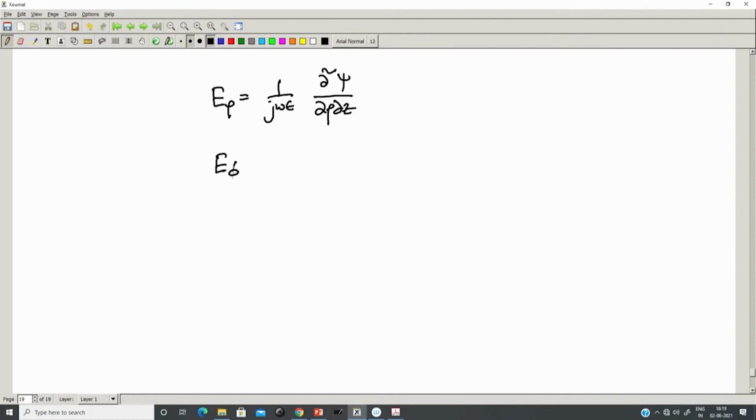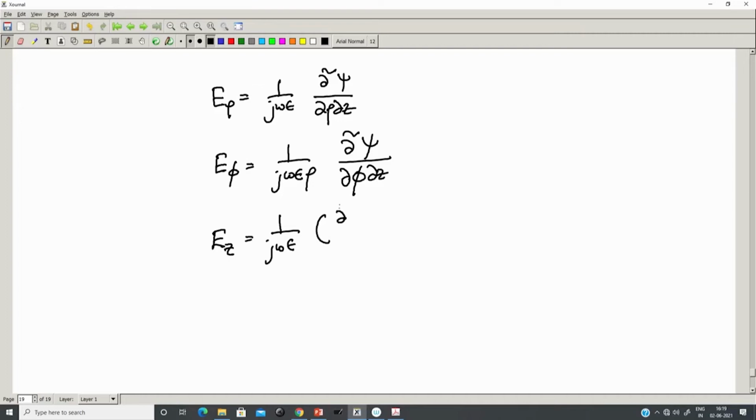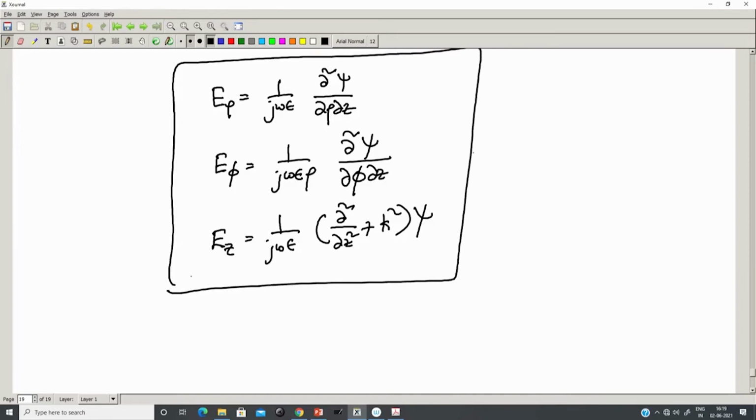E phi will be 1 by j omega epsilon rho del square psi del phi del z, and E z will be equal to 1 by j omega epsilon del square del z square plus k square psi. So, these constitute the electric fields for the TM to Z mode.